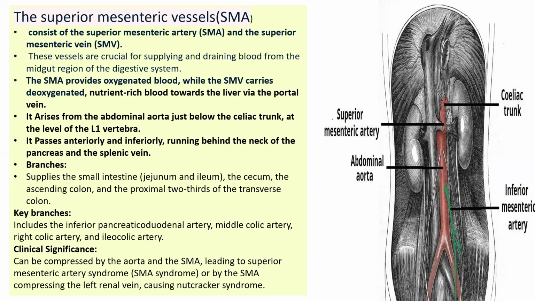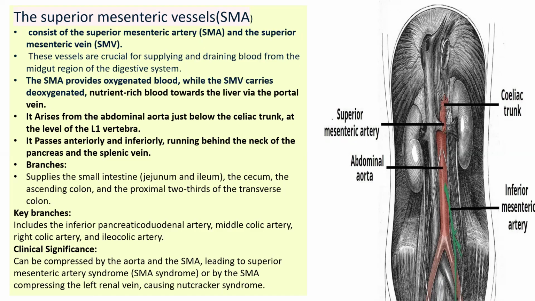The superior mesenteric artery, as usual, gives oxygenated, pure blood. The superior mesenteric vein carries deoxygenated, nutrient-rich blood, which travels towards the liver via the portal vein. I'm going to explain the portal vein also.